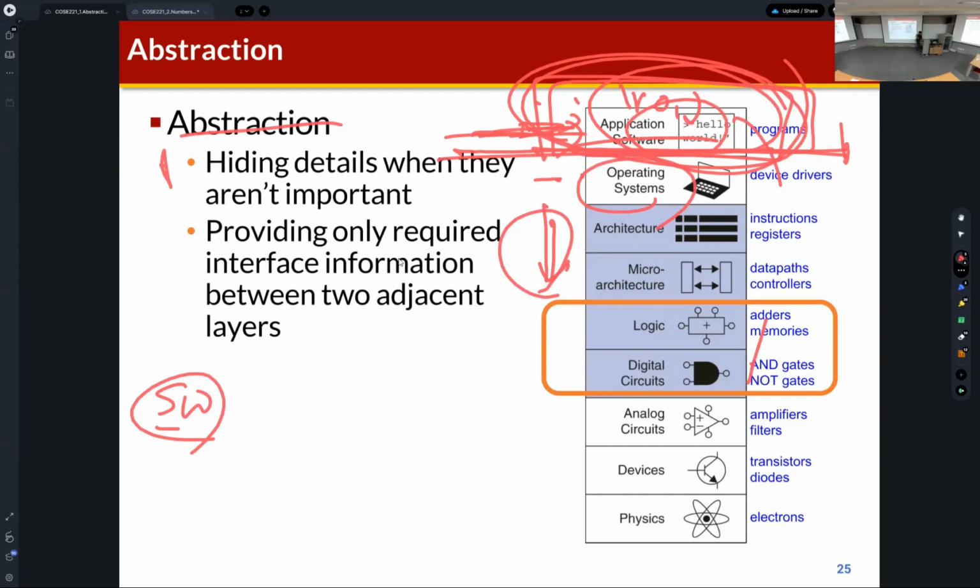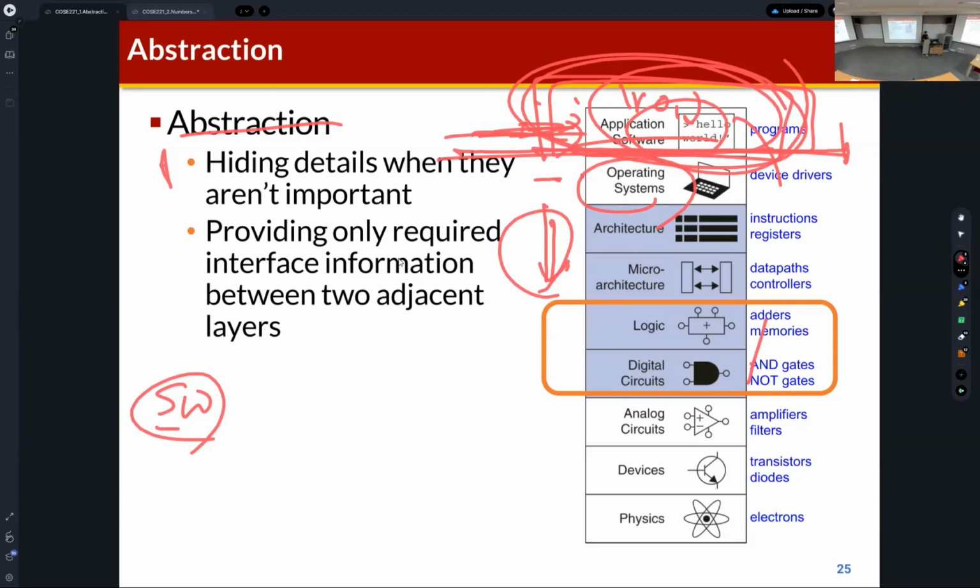A computer is composed of many layers, so we cannot understand every aspect of this computer system. We just focus on the layer, which means we don't need to understand the detailed knowledge of other layers.